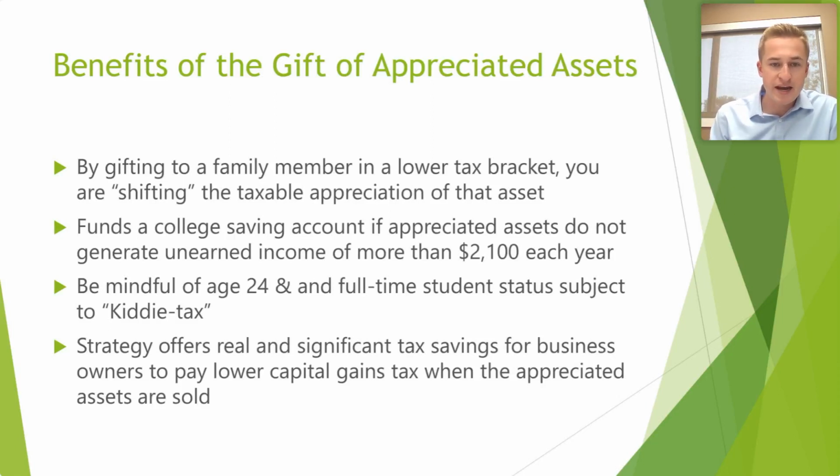If you have the UTMA account and there's unearned income, for example, capital gains, if that exceeds $2,100, you'll likely have to pay tax on those gains in the UTMA account, even though these accounts are designed to provide tax-free growth if they're used for qualified education expenses. What you've got to be careful with in a UTMA account is that if you have more than $2,100 in unearned income, they will tax that money and it'll be taxed at the parent's highest tax bracket.